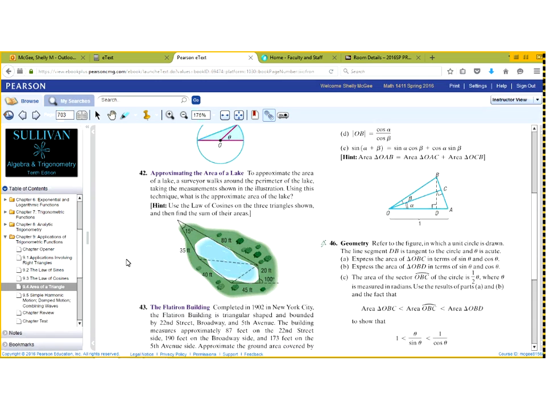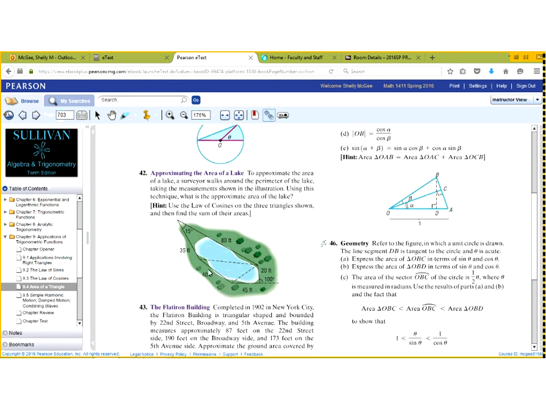Okay, so here we are on number 42, and it says we want to approximate the lake. So we've been able to walk around the lake and measure these lengths. And so you can see 3 triangles there. The upper one with the angle of 15 degrees we'll call triangle 1, and we'll calculate area 1.